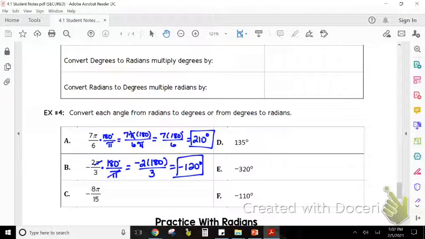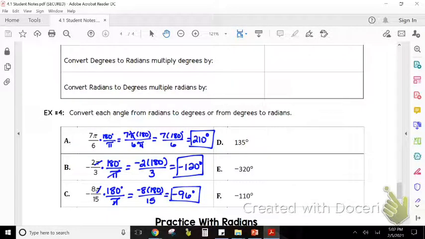And then C, again it's in radians, so I'm going to go to degrees by multiplying by 180 over pi. My pi's will cancel, so I have negative 8 times 180 over 15. I multiply and divide, and I get negative 96 degrees.